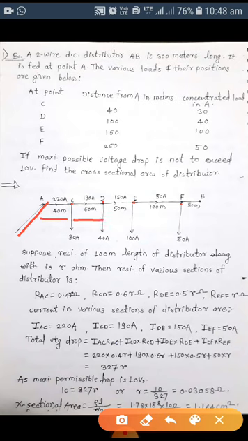Distance between point C and D will be 60 meter. And to represent the point E, the distance given in the table is 150 meter.